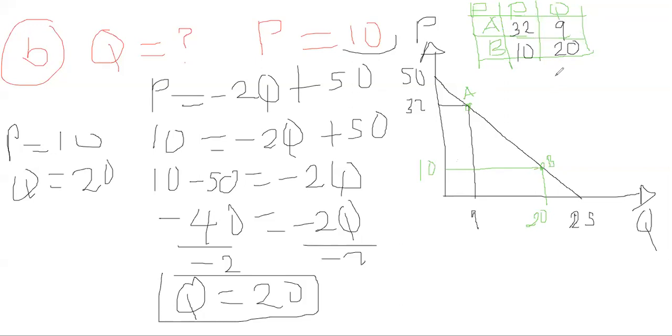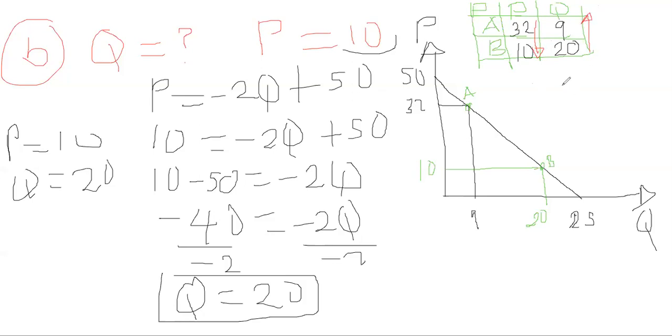So if you look at this table, what could you see here, the relationship between price and quantity? We have seen that when the price goes down from 32 to 10, the quantity demanded increases, not so?